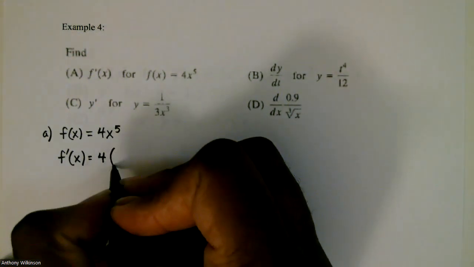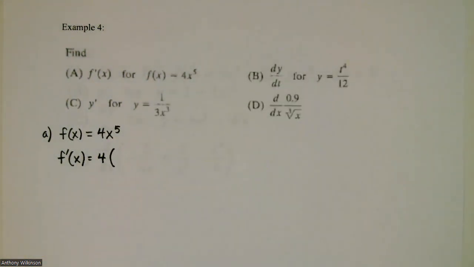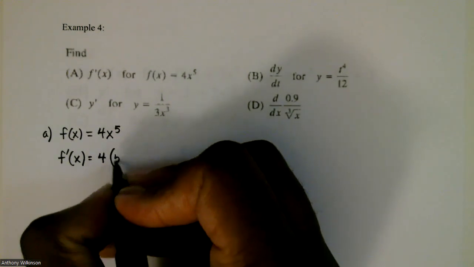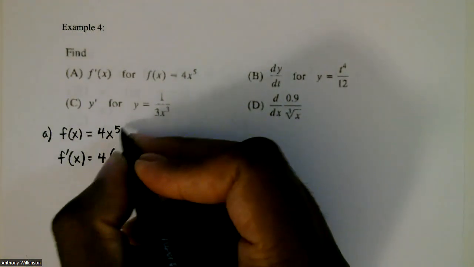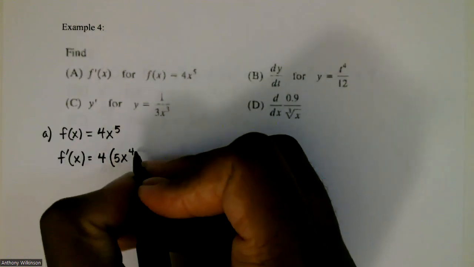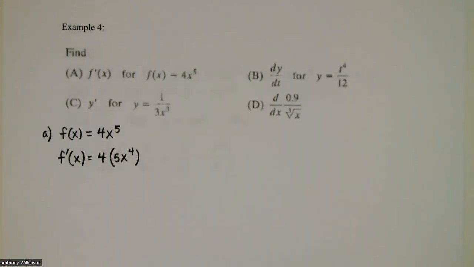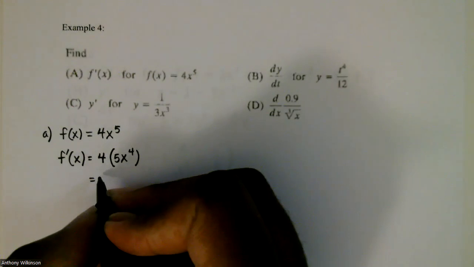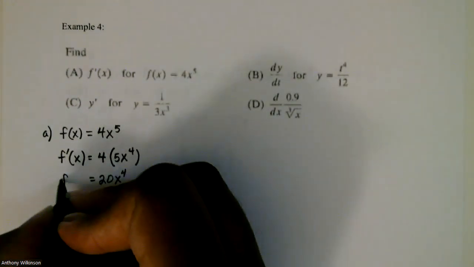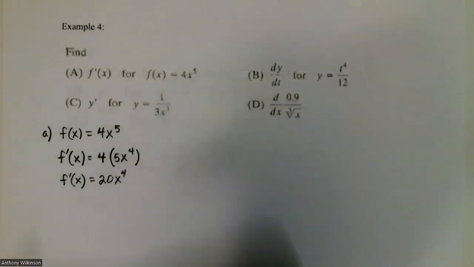We're going to bring down the 4, and then to take the derivative of x to the 5th, using the power rule, we're going to bring down the exponent of 5, copy the x over to the 1 less power. If you do 5 minus 1, that's going to be 4. Then I can multiply the 4 times 5 to get 20. So it'd be 20 x to the 4th for f prime of x.